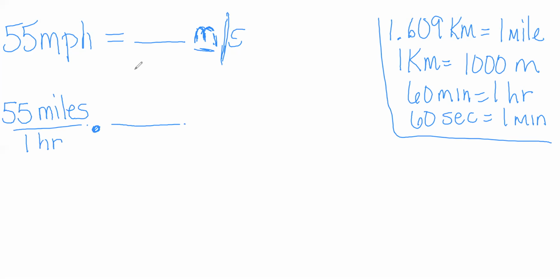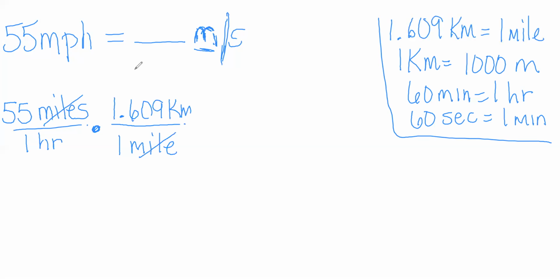So we're going to work on converting the miles to meters. So in our fraction here, what do we have to put on the bottom? We need to put the mile, because we want those two units to cancel. We said 1 mile is equal to 1.609 kilometers.